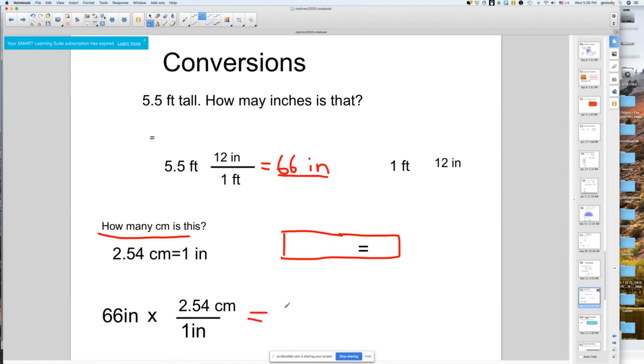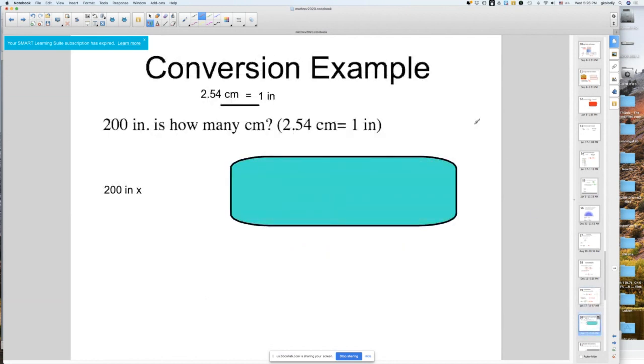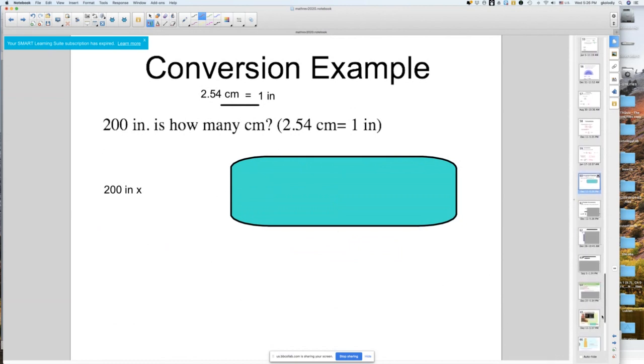Centimeters, sorry. 167.6 centimeters. So this is 200 inches. I'm not going to do that. It's a different number.